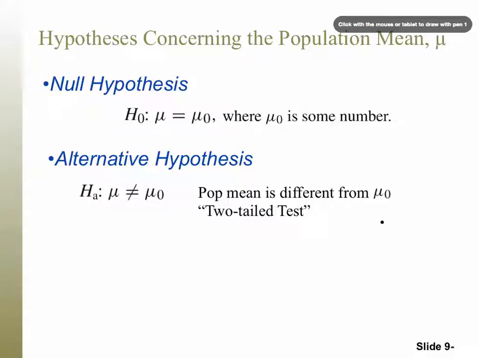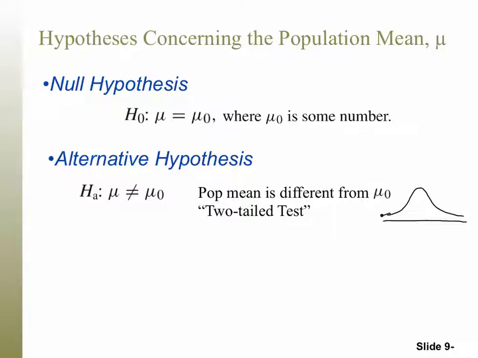There are 2 ways it could be different. So here's our mu naught. How could the mean be different? Too much bigger or too much smaller.